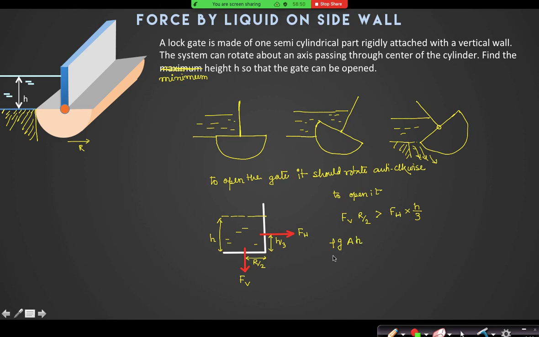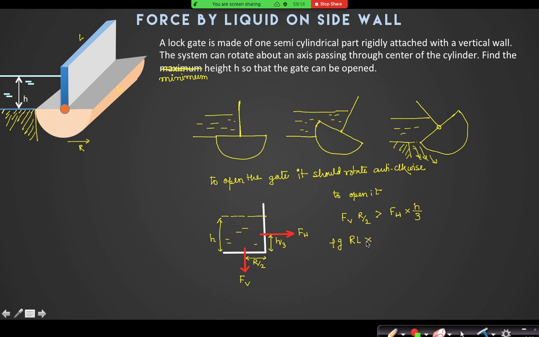I can take this area to be R into L. I'm talking about this surface area. What is the surface area of this base? Where L is the length of the cylinder. In this section, R into L.